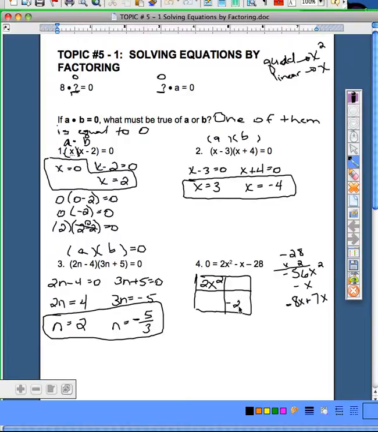Negative 28 goes in the bottom right. And our two factors that we figured can be in either of these other two boxes. Two factors as 2x times x. 2x times negative 4 gives me a negative 8x, and x times 7 gives me 7x. And then our last check, 7 times negative 4 is negative 28. So we've got our two factors now. They are x minus 4 times 2x plus 7.